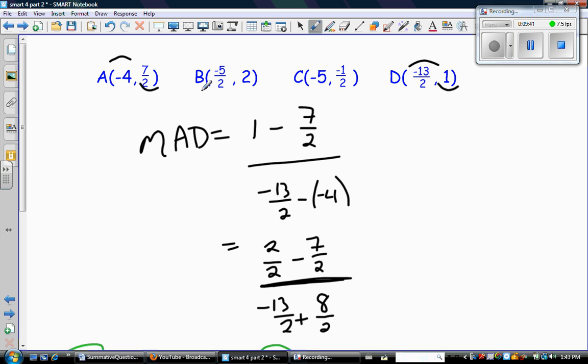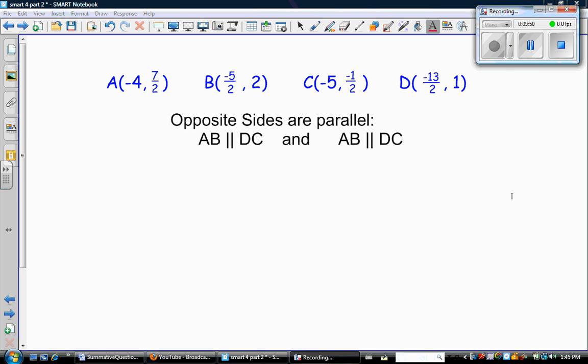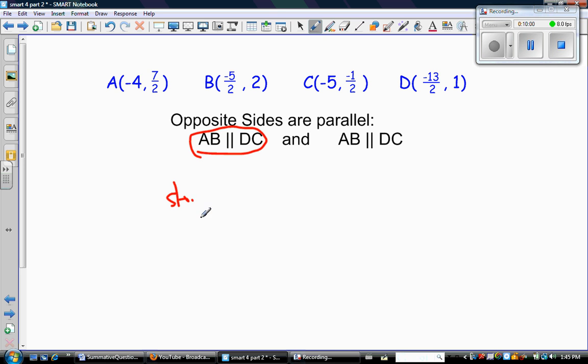Okay, so I'm not going to go through the steps of finding the slope of the other side. Again, press pause on the video and you do it. But now we know the slopes of all the sides. The second part of proving that something was a rectangle was to check for parallel lines, and we did that, and we learned that these sides here both have slope equal to negative 1, therefore they're parallel, and we found that these sides here both have slope of 1.